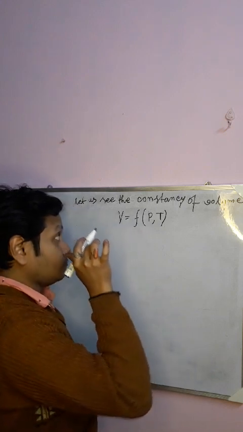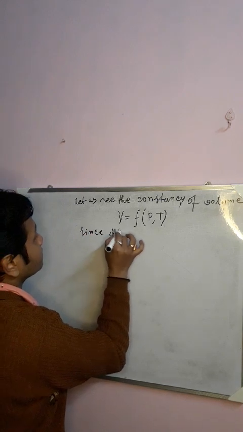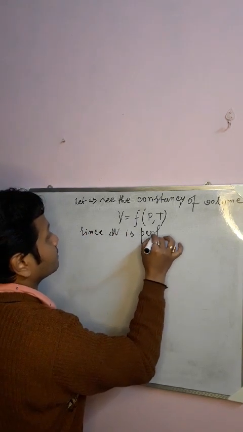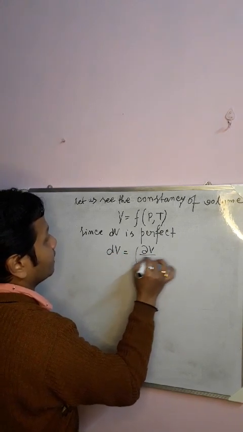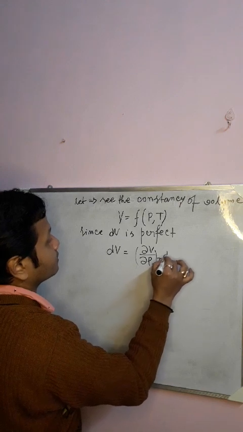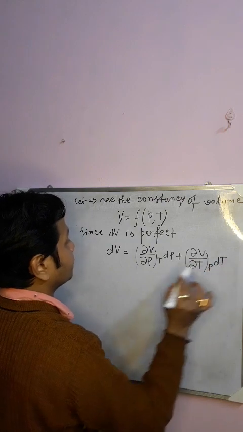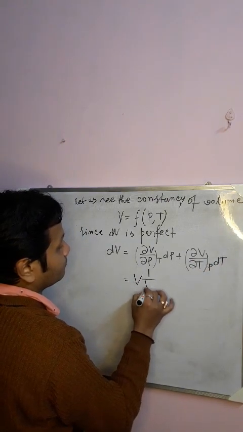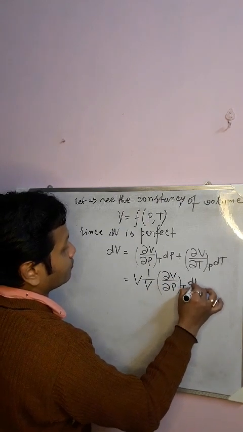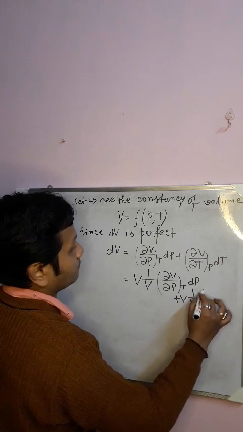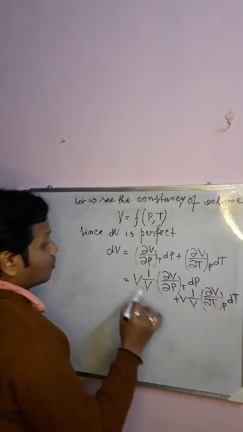Since dV is a perfect differential, we can write dV as del V del P at constant T dP plus del V del T at constant P dT. You multiply this term, and it can be written in this way: del V del P at constant temperature dP plus V times 1 by V del V del T at constant pressure dT. So what is this?